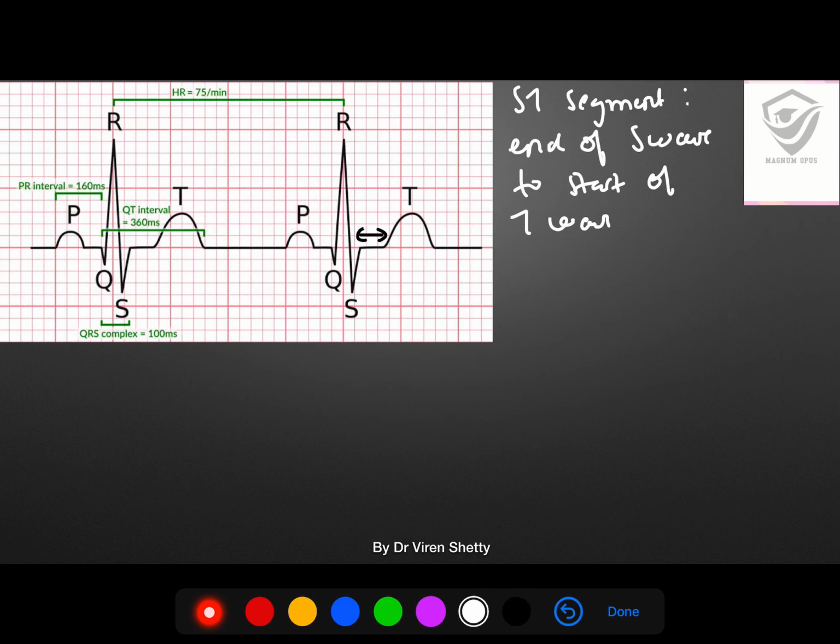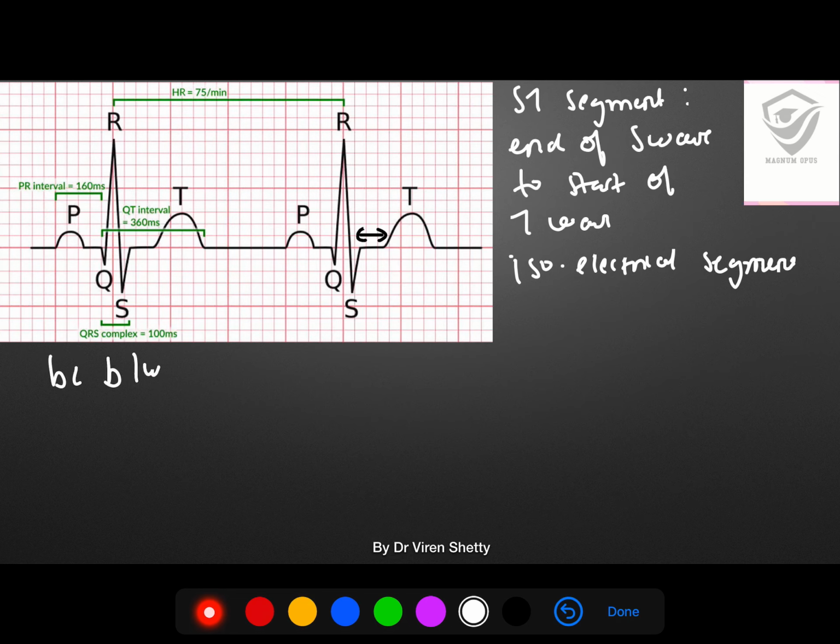This is called the isoelectric segment. Why isoelectric?